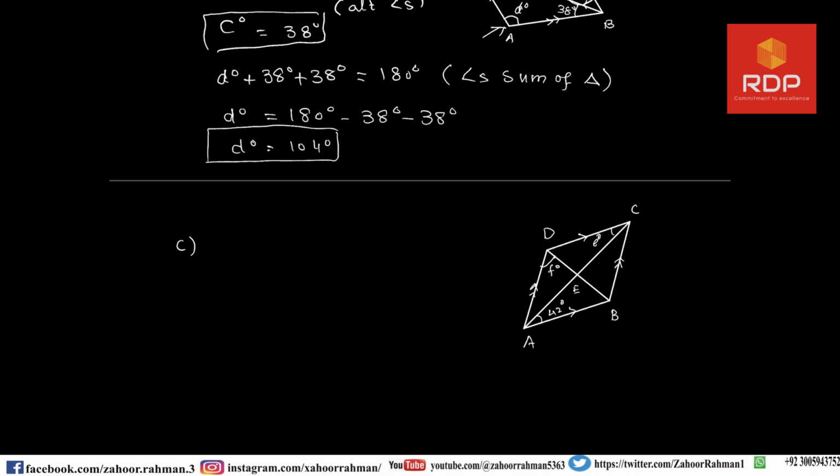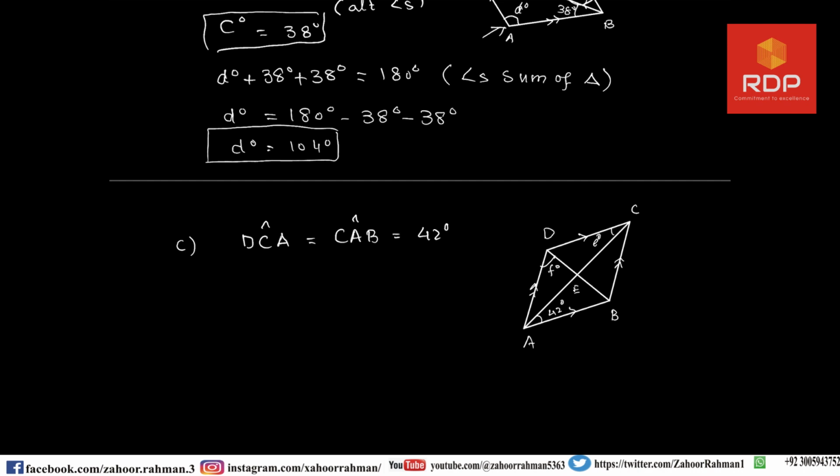They have given us different angles, and we have to find E degree and F degree. So first of all, let us find E degree, and for that can we write angle DCA is equal to angle CAB, and can we write it to be 42?